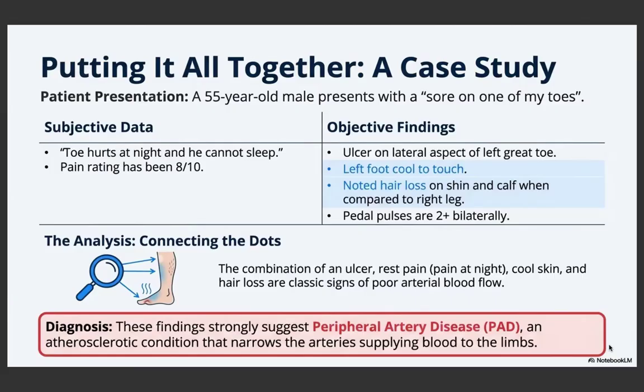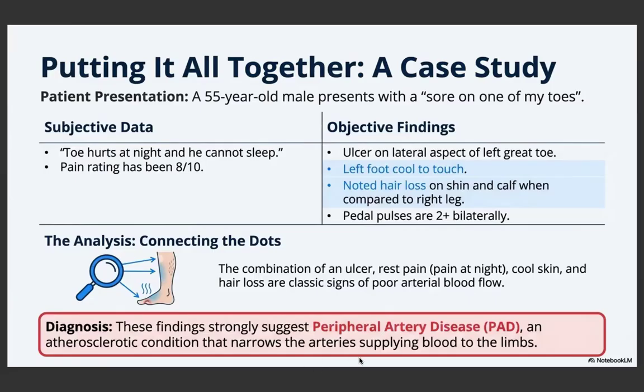So again, if you are touching this individual's leg, it's cool to the touch, and you can see that lack of hair, you're going to be worried that this person has some sort of peripheral issue. Again, with the combination of the ulcer, the pain while resting, the hair loss, and the cool skin, it's going to strongly suggest peripheral artery disease.